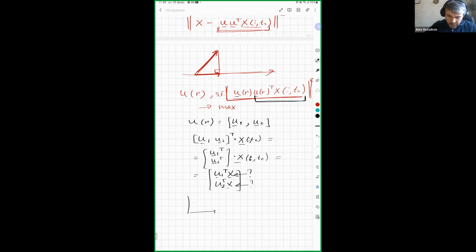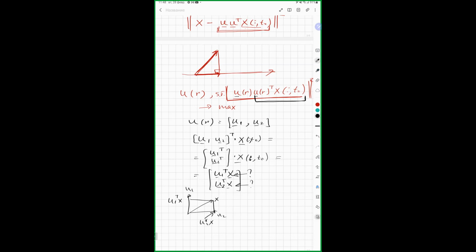Because if this is u1, this is u2, and this is x, then this coordinate is u1 transpose x, and this coordinate is u2 transpose x. So the elements of this vector are the coordinates of the decomposition of vector x in the coordinate system formed by the two vectors u1 and u2, okay? And now you take these coordinates and again reconstruct.